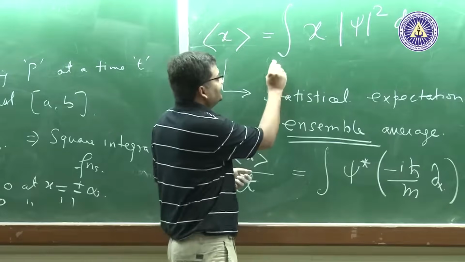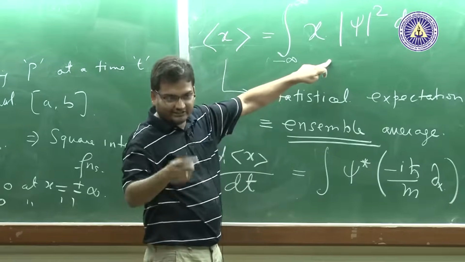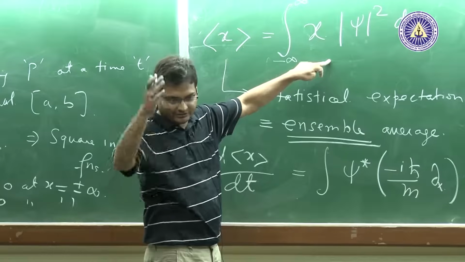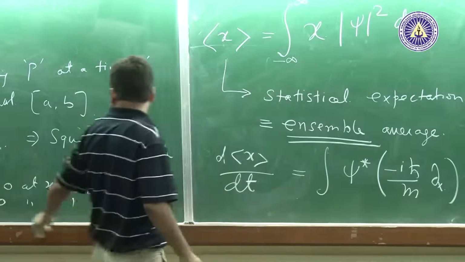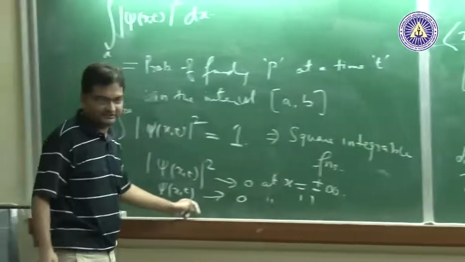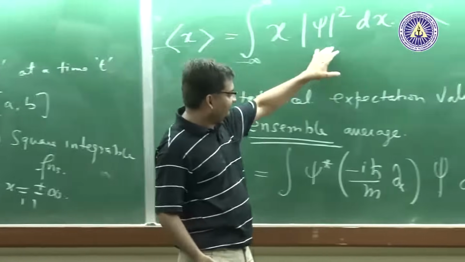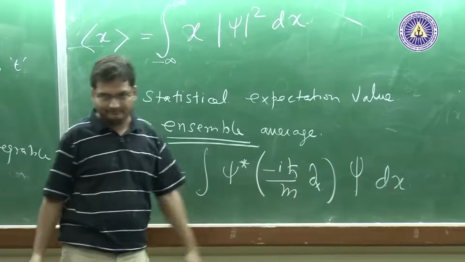And these limits are minus infinity to infinity. When I do integration by parts, I'll have some functions which have to be evaluated at plus infinity and minus infinity, and I know the wave functions go to 0 at plus and minus infinity. I use all these conditions, do some mathematics, and I'll arrive at this answer.